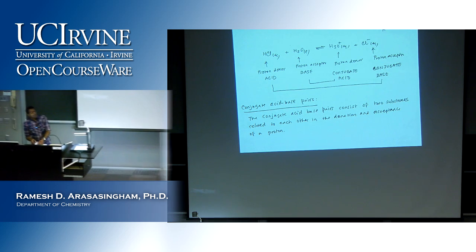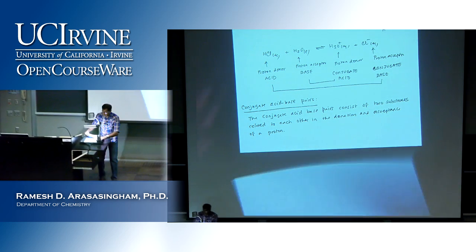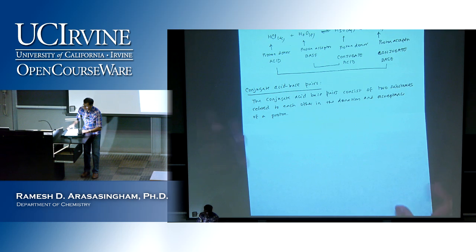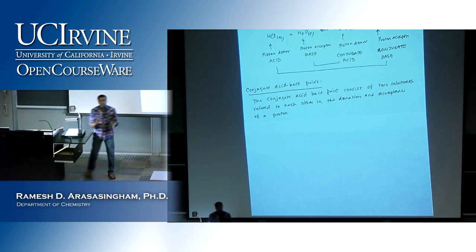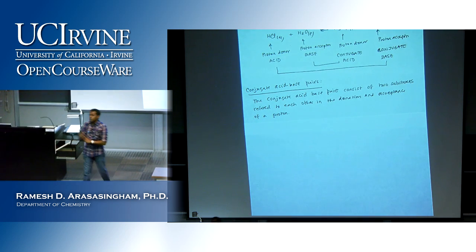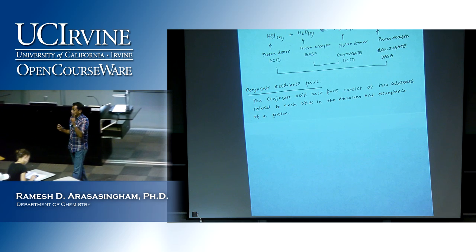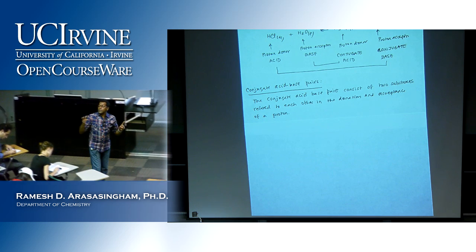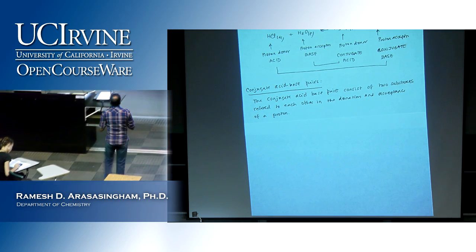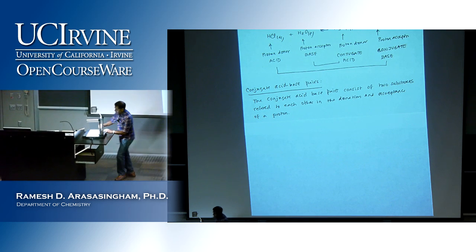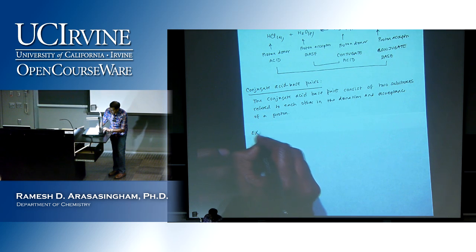All right, so we're looking at conjugate acid-base pairs, and a conjugate acid-base pair is two substances that are related to each other. The only difference is one of those will have a proton, the other would have lost that proton.